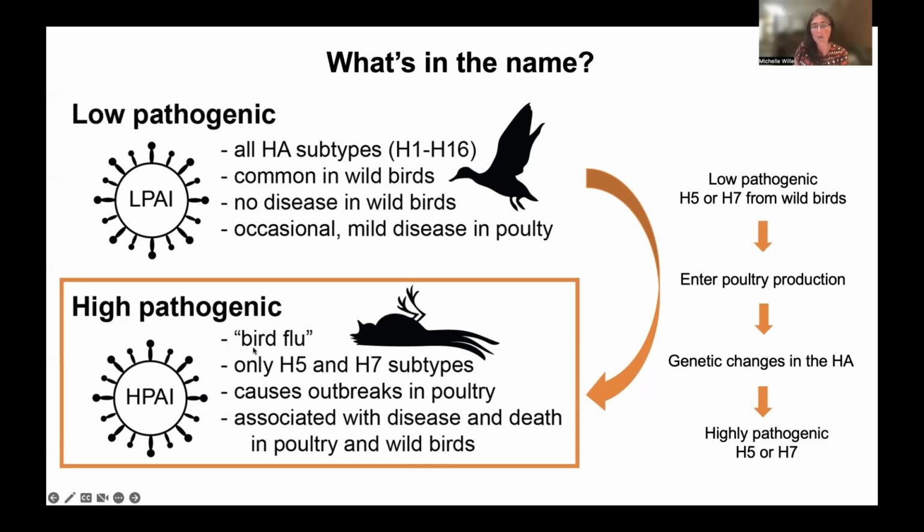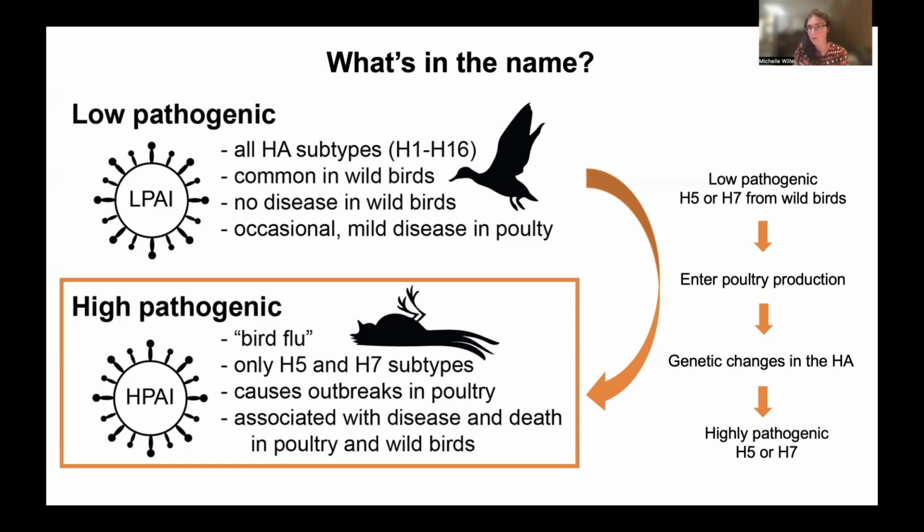Now, low-path and high-path viruses are evolutionarily linked, and I've sort of explained that in a little diagram here on the right. So what we have is these low pathogenic H5 or H7 viruses that are found in wild birds. It's a natural part of their virus communities.